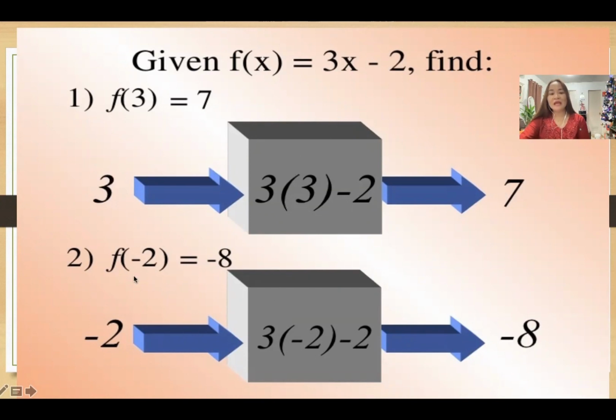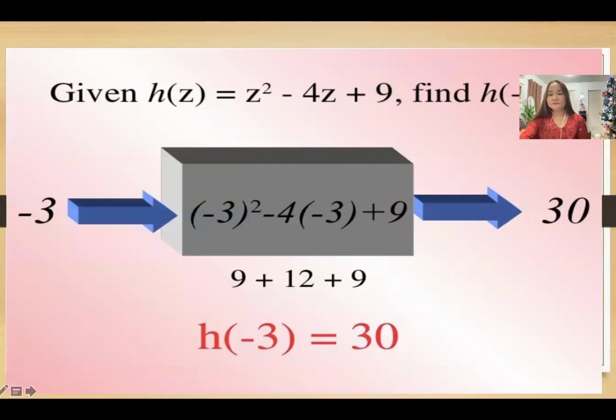What about f of negative 2? Substitute negative 2 for x. 3 times negative 2 is negative 6, minus 2, negative 8. So we have input, process, and the result. Okay, so this is evaluating a function.